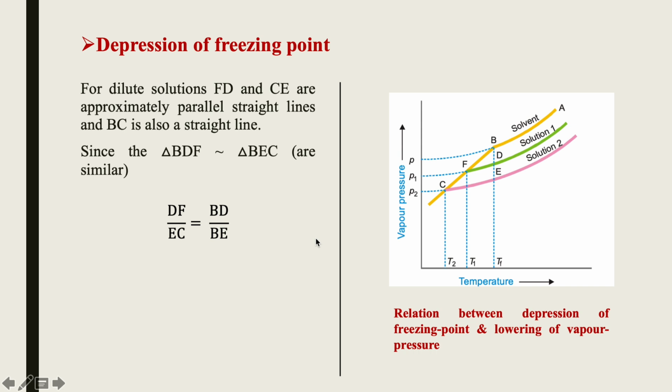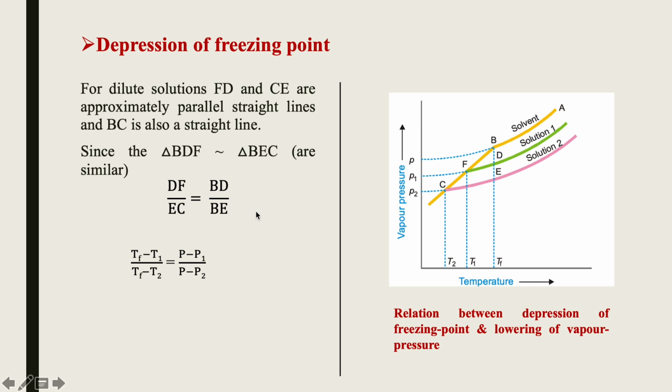So from the similar triangle property, you can compare DF divided by EC. This will always be equal to the line BD divided by BE. So the above triangle is BDF and the below triangle is BEC.